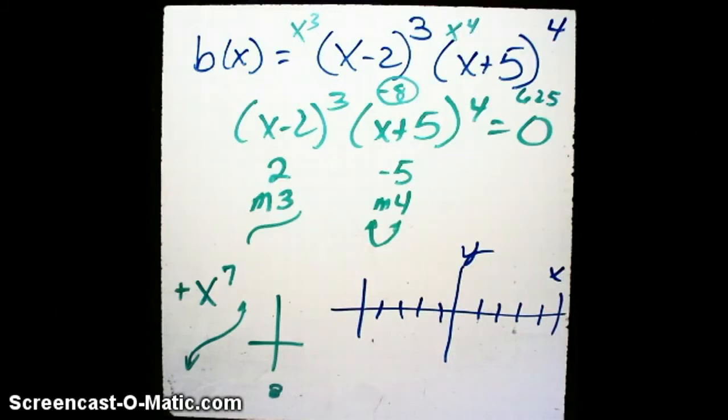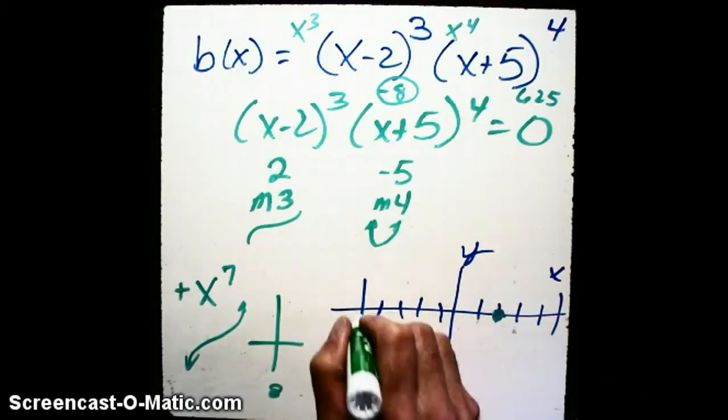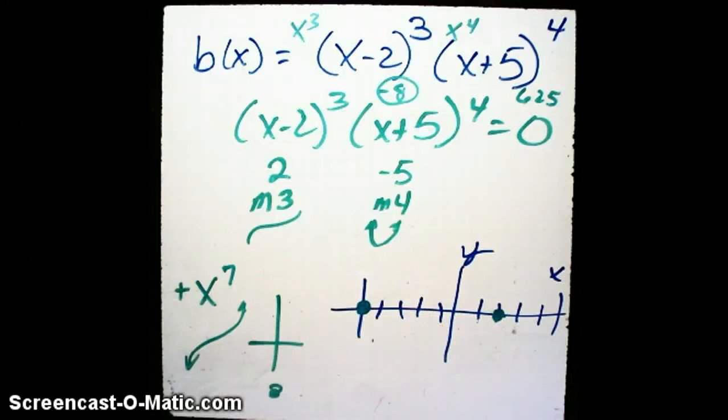Now, what do we know? We know that there's a 0 at 2. And we know that there's a 0 at negative 5. We also know the general shape starts here. It falls to the left. So falls to the left means the function is going to have that general shape to it.